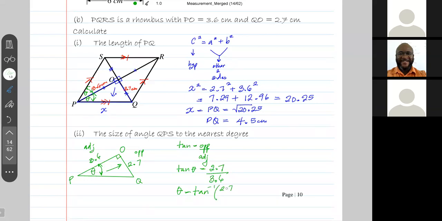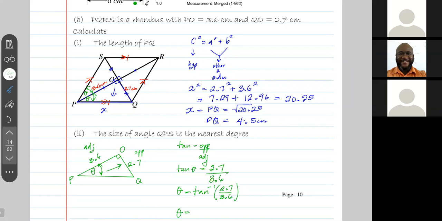So theta is equal to tan inverse of 2.7 over 3.6. Let's find this.